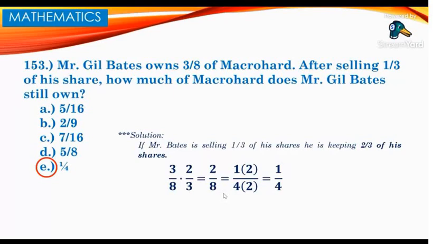Pero dito, we did not multiply directly. Kasi lalaki lang yung numbers and then magre-reduce tayo. We could also have it reduced. Mag-reduce na tayo, mag-multiply. So meron tayo dito 3 at saka 3. So pwede na natin i-cancel out kasi yung isa nasa numerator and then yung isa nasa denominator. So, we could cancel out 3 and then 3. So ano yung naiwan? So that is 2/8.